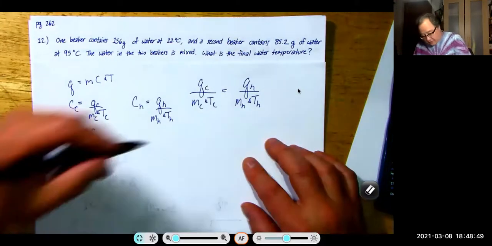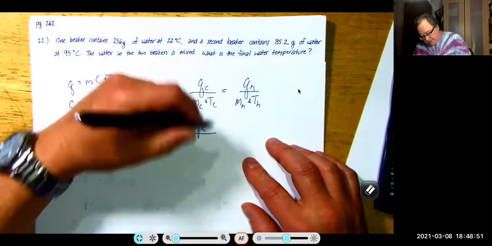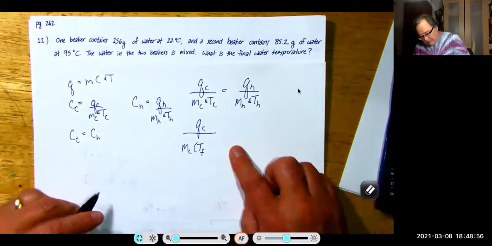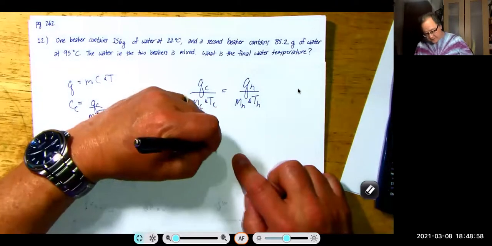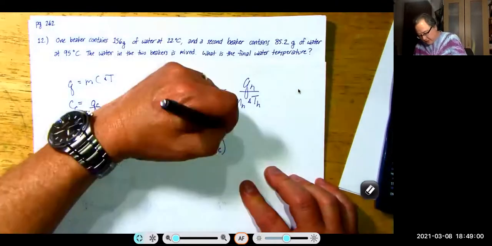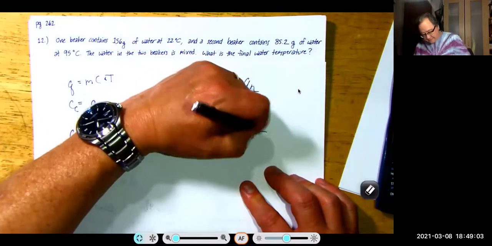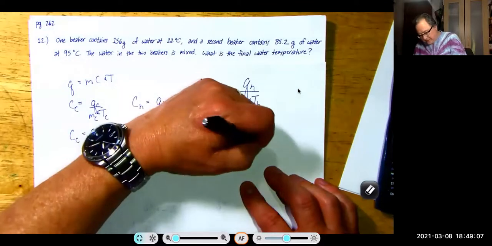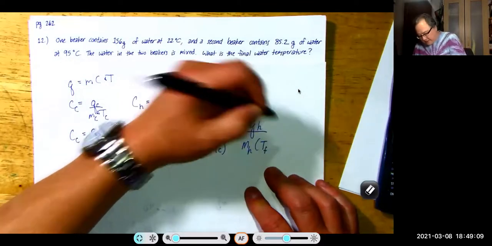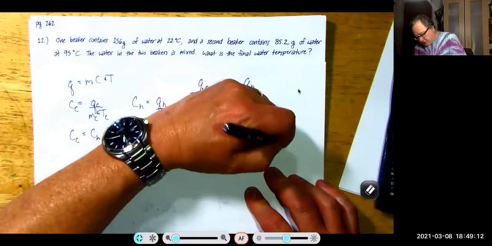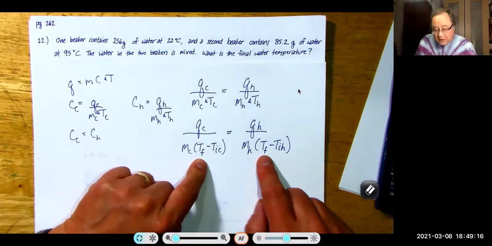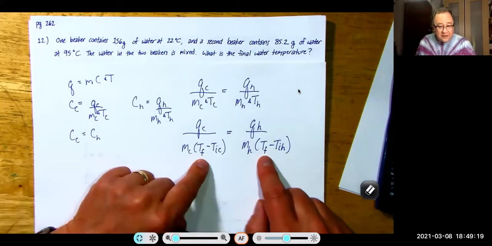Furthermore, we can say that the change in temp of the cold is T final of the cold minus T initial of the cold, and the change in temp of the hot is T final of the hot minus T initial of the hot. Now you might be wondering, why did I not put an H here for T final and a C here for T final? And the answer is because they're both the same final temp.